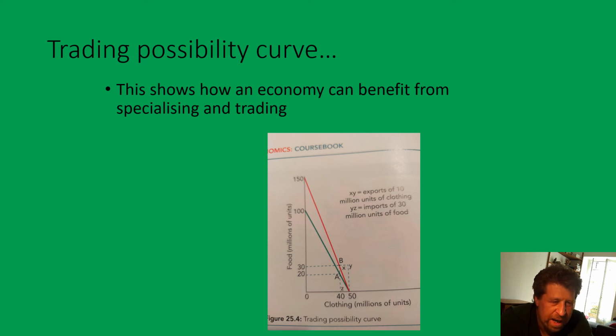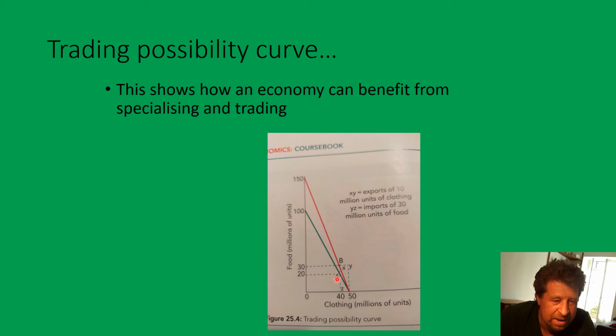So this really helps. Trading possibility curve. This curve should explain the benefits of specialising and trading. If we can imagine that a country produces 40 million units of clothes and 20 million units of food.